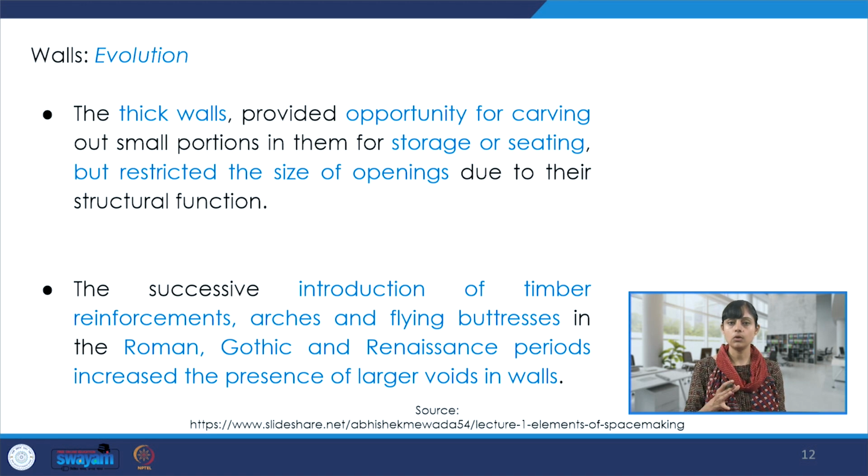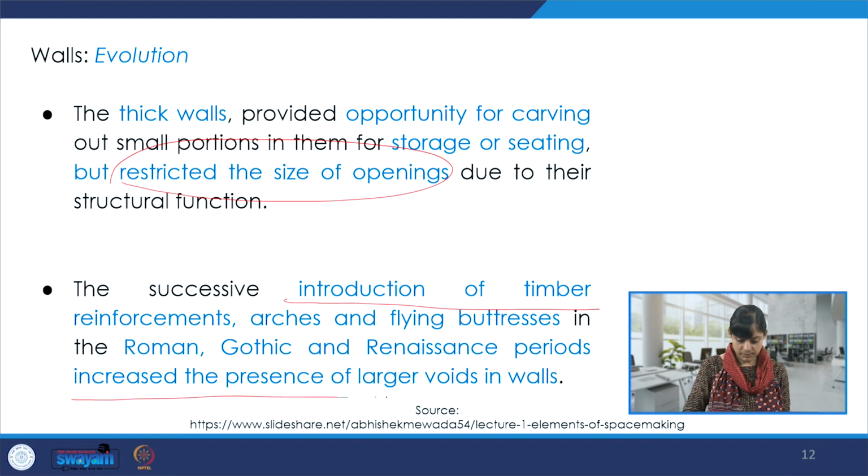So the thick walls, they did provide an opportunity for carving out small portions, for storage or seating, etc. But they restricted the size of the openings. Now with the introduction of timber reinforcements, arches, flying buttresses in the Roman, Gothic and Renaissance periods, this increased the presence of large voids or openings in the walls.